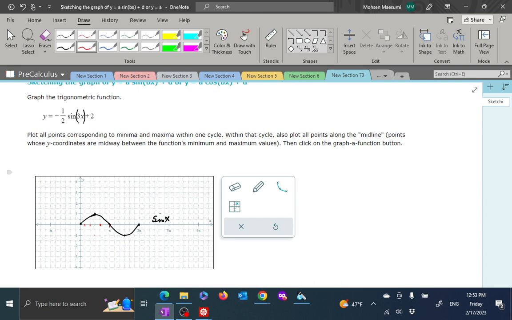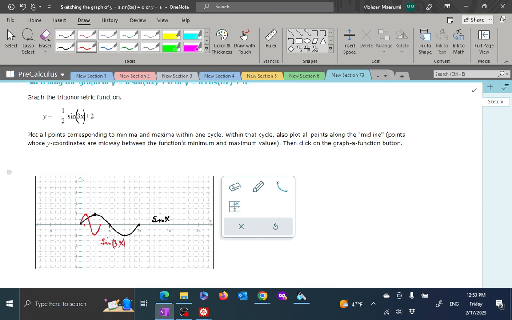So what happens is that when you just look at sine of 3x, it's going to come here, and this red one is sine of 3x.